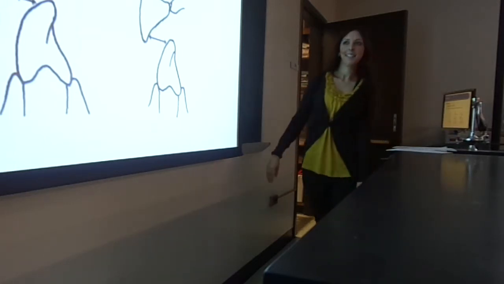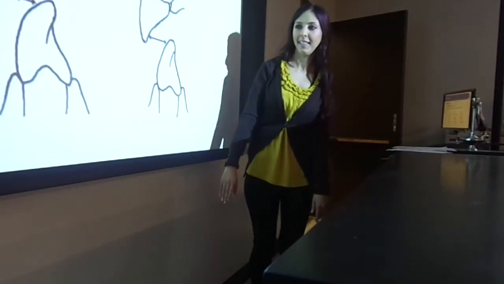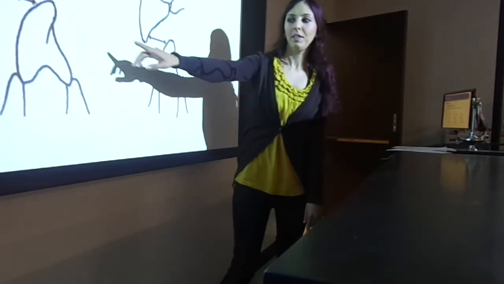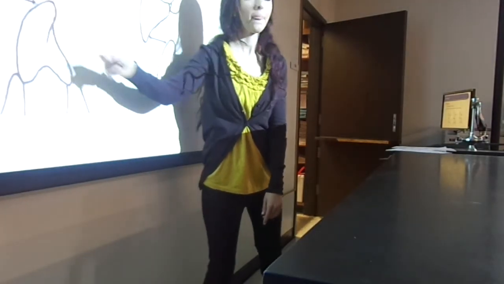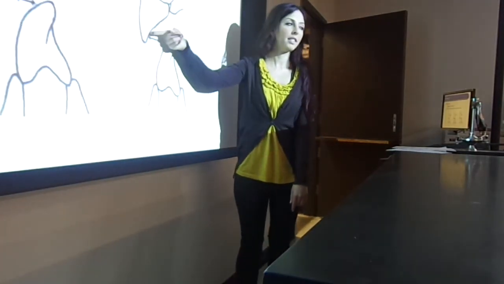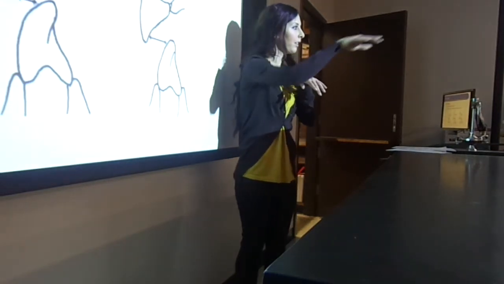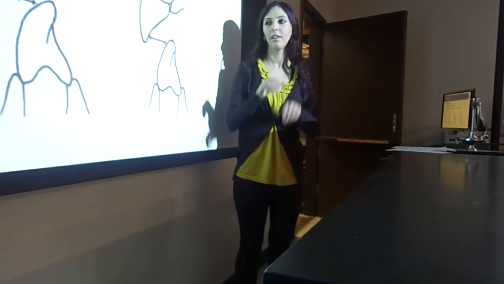So overjet, as you can see here, you see how there's a horizontal space between the incisors? Overjet, it jets out. The maxillary jets out.